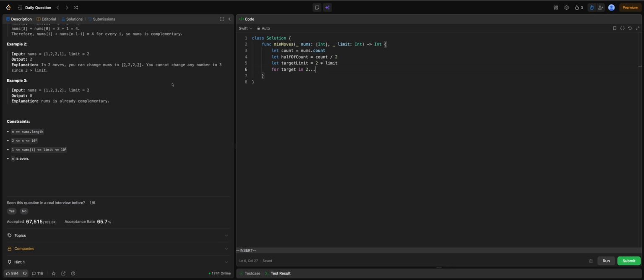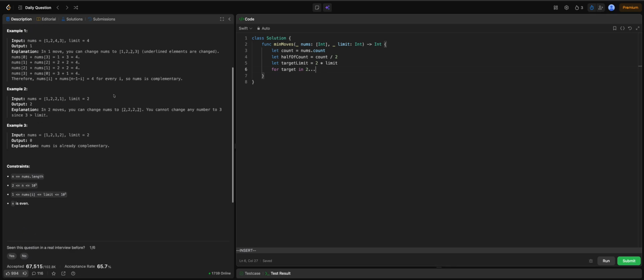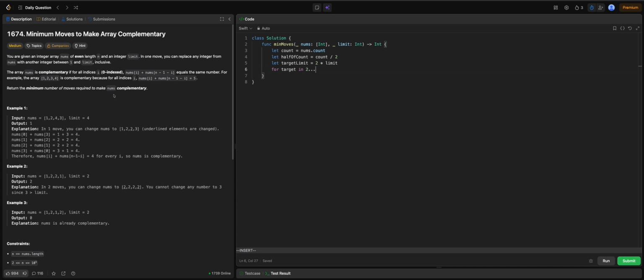Also, there is no possible way for us to begin with 1 as a target because our limit already starts at 1, so 1 should never need to be added with 0 to begin the target of 2. So that's why we are starting from the target of 2, and then we will iterate up to the target limit.